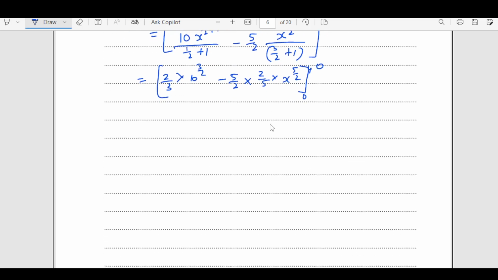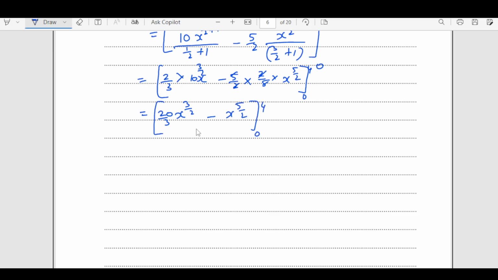Now let me rewrite. This is 2 by 3, and I missed x here, 10 into x. So 2 times 10 is going to be 20 x raised to power 3 over 2, minus, the 5 and 2 cancel, x raised to power 5 over 2, and the limits are from 0 to 4.